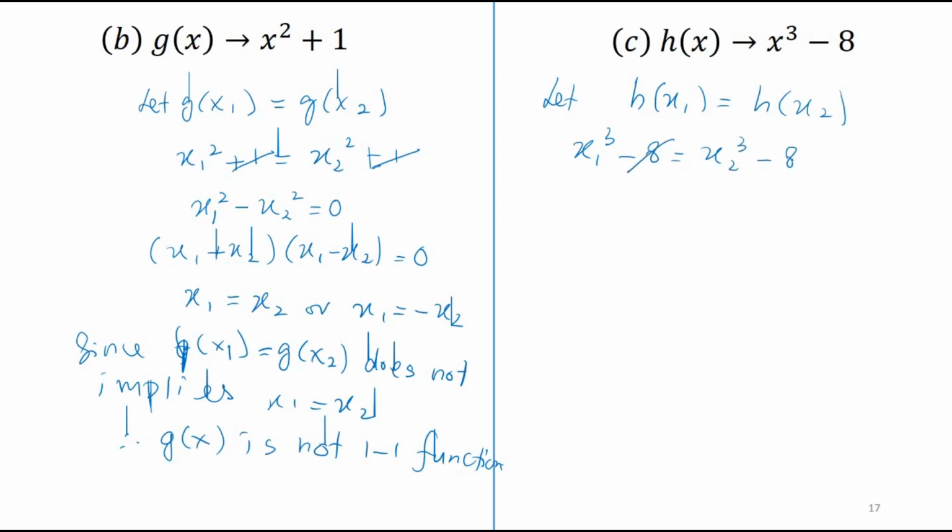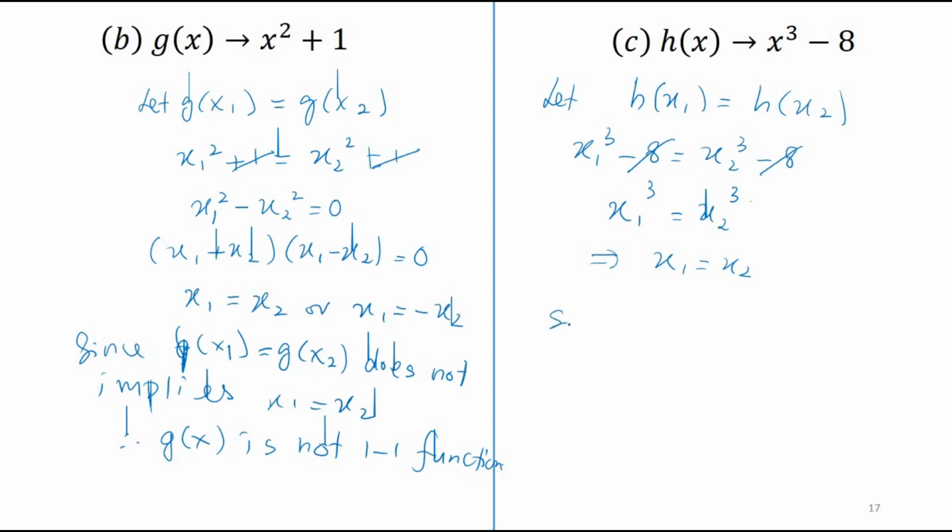You can simplify by taking out negative 8, and then you get x1 cubed is equal to x2 cubed. Therefore you get x1 is actually equal to x2.